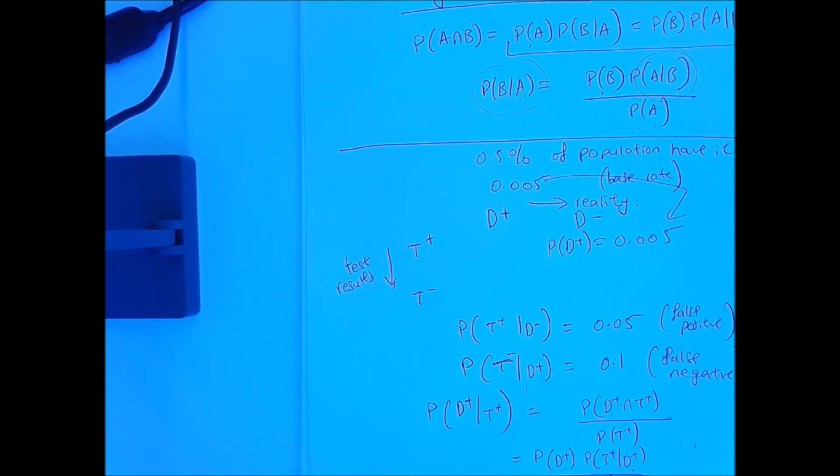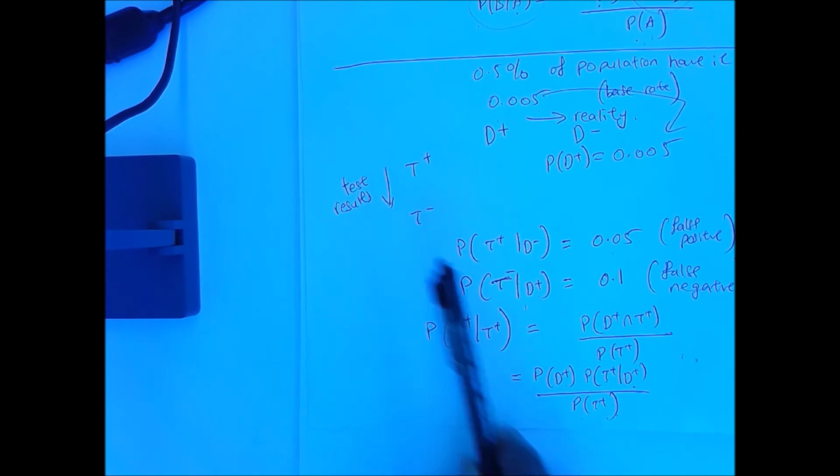Not given a test. Assuming that you don't have the disease, then there is a 95% chance that the test will tell you you don't have the disease. That's what that means. Right, given D minus.